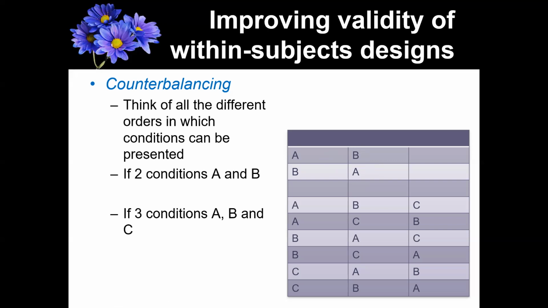Okay, moving on. The most thorough method of counterbalancing is to do basically every version possible. So if you had three conditions, you do ABC, ACB, BAC, BCA, CAB, and CBA. That's the most thorough method of counterbalancing.